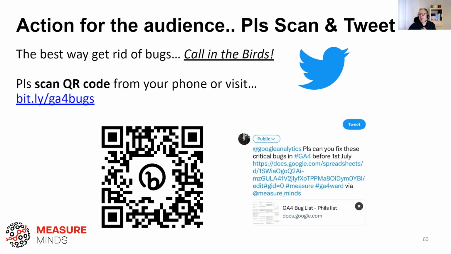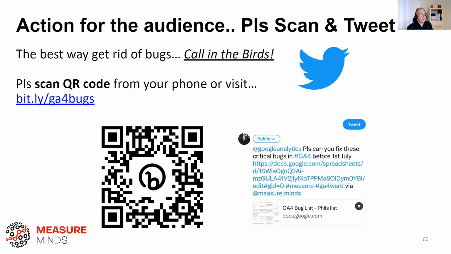Obviously, if they don't know about these issues, they're not necessarily going to fix them. So the more noise, the better. And also, the more problems and bugs there are with GA4, the more likely Google is to maybe delay. I don't know. We're about 30 days away or so. If they realize that maybe they've missed a lot of stuff, maybe they'll move the deadline.